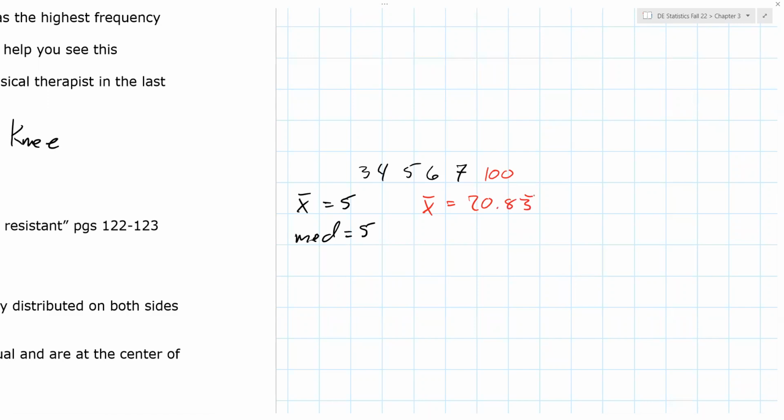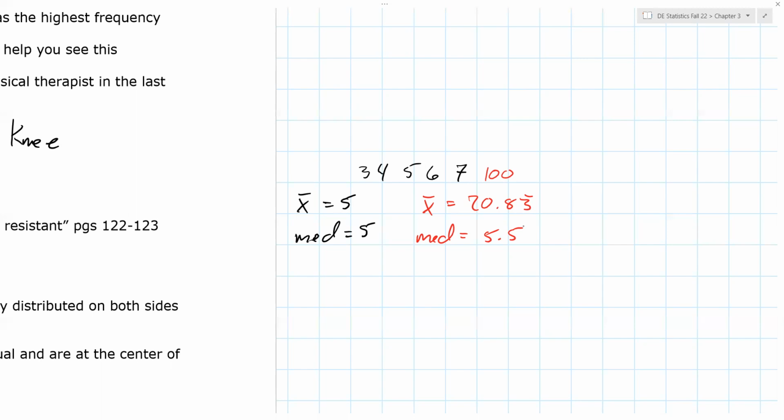However, my median doesn't care about how big that number is, it just cares that it's on the right-hand side of this data set. It's an even number now, so my median is now 5.5, because it's an even data set, and so I average 5 and 6 together. This is an example of resistance.